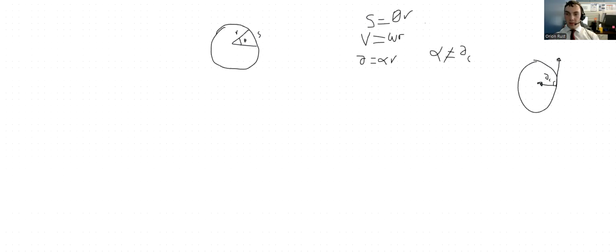That's our tangential velocity. And the direction of the tangential velocity will always be changing as the acceleration pushes it in. So it's an interesting relationship that we have.